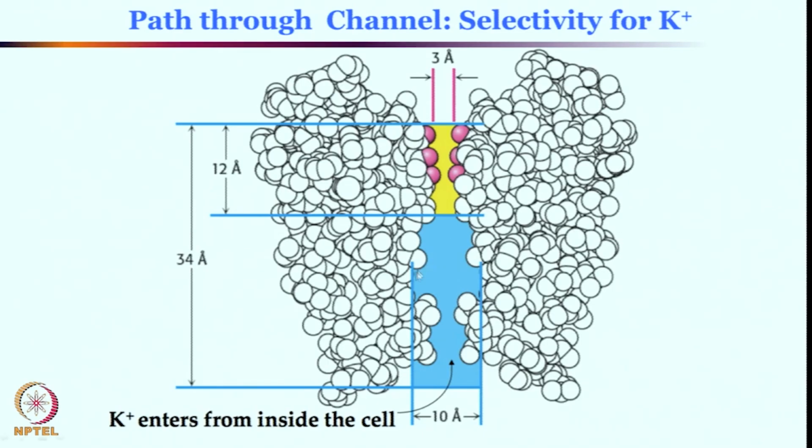As you can see, the passage is wide in some places and very narrow in some places. So, if you have a very narrow passage, this ensures that the bigger metal ion will not be passing through this narrow passage. So, one can perhaps think of the average radii: if the radius is something like 1.5 angstrom, this channel will not be able to pass those metal ions.